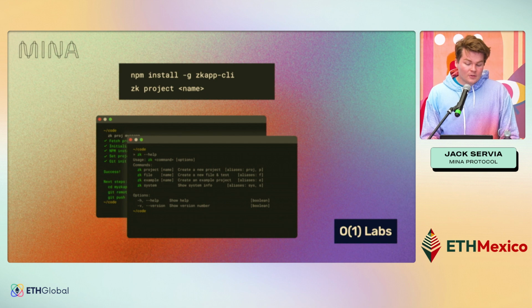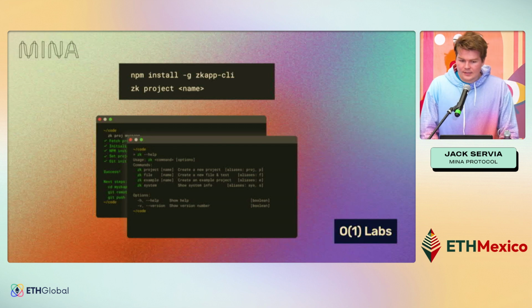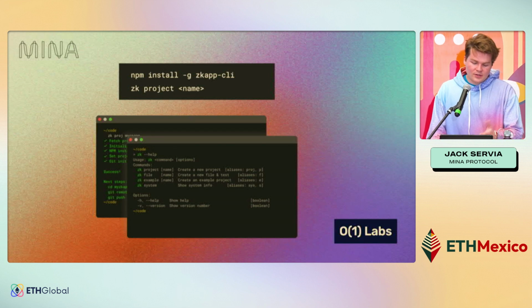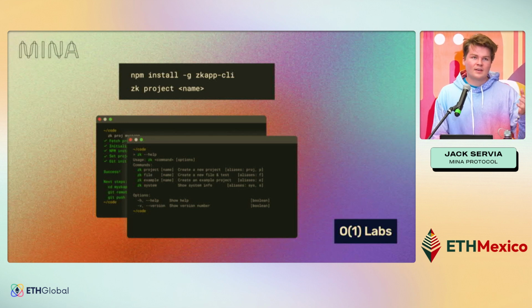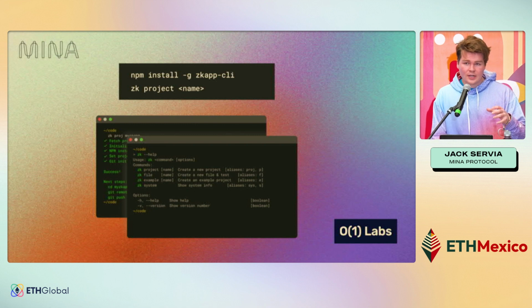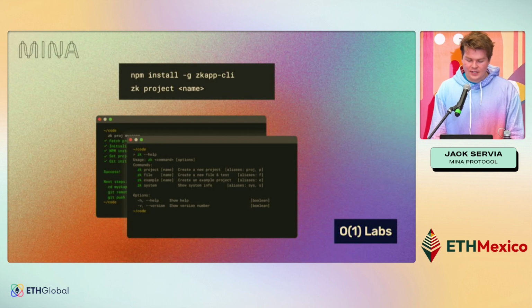To that end, the developer tooling that we do have is called the zkApps CLI, and it's really easy to use and really powerful, despite being simple and elegant. It's just a node package. You can install it as it shows here, and it can deploy your contracts to the Mina blockchain, and it can scaffold these contracts so that you have linters set up that will help you, Prettier, and it'll set up a project that has an add contract by default.